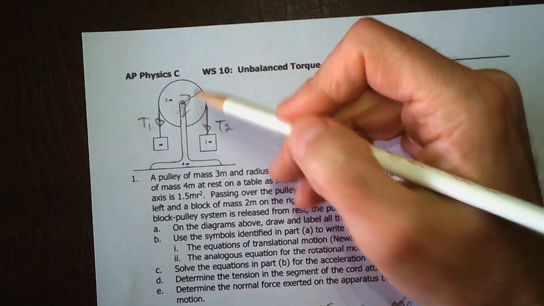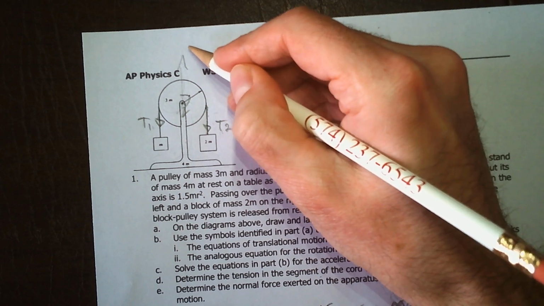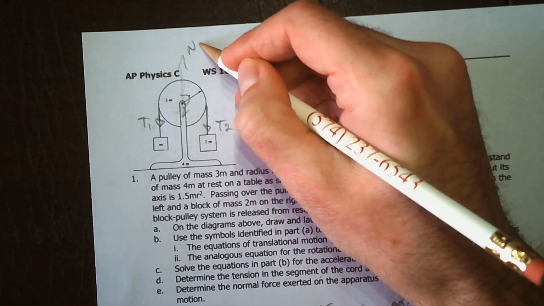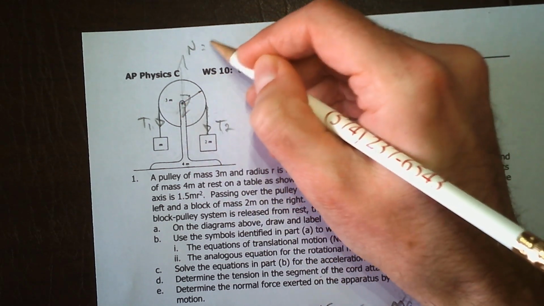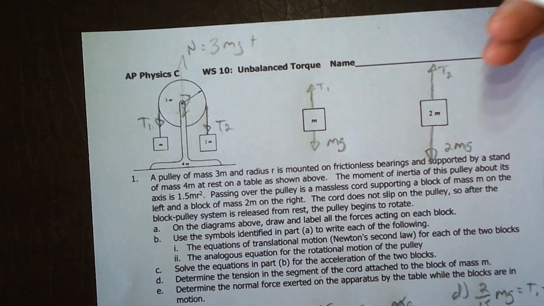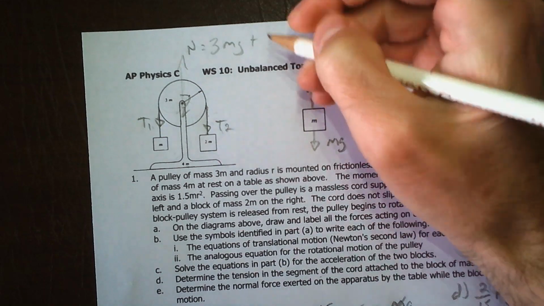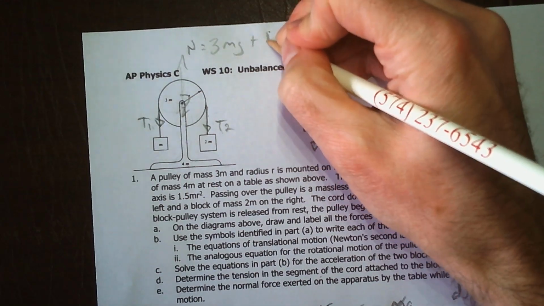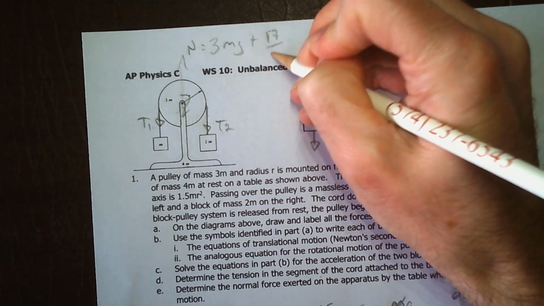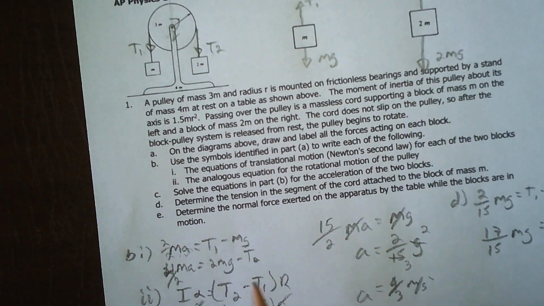So let's come back up here and figure out what this force would be. This force here, let's call this the normal, is equal to the weight of 3 mg plus T1 plus T2. We just found T1 to be 17/15 mg. We could also figure out what T2 is.